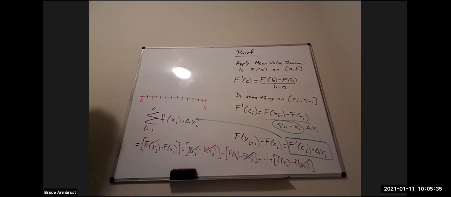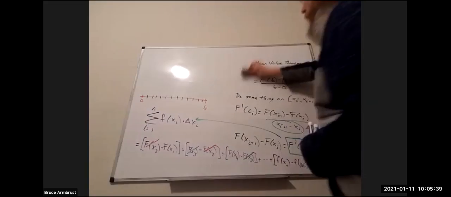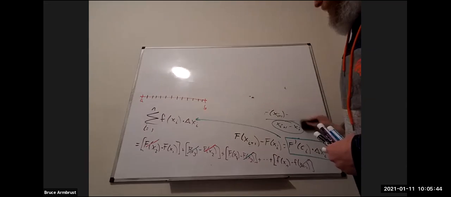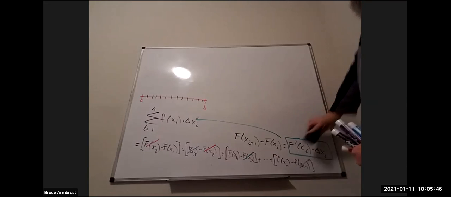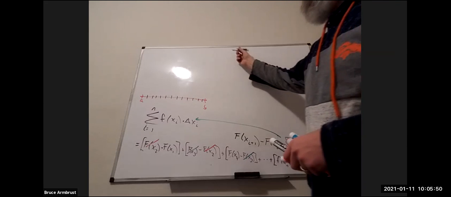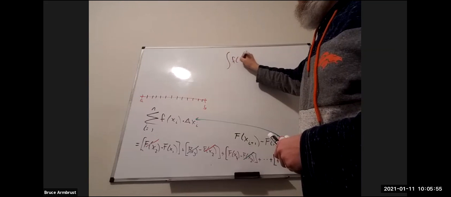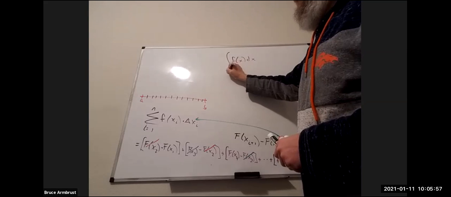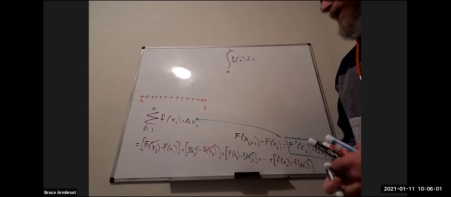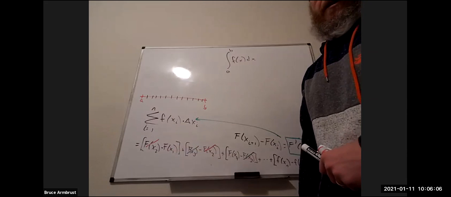All right, so we're almost there. Check out what happens. We break this down into a bunch of pieces. We partition it. We take that limit as n goes to infinity. And what we're left with then is the integral of f of x dx from a to b, right? That's the sum. And look at what remains. There's a minus f of x sub 1.